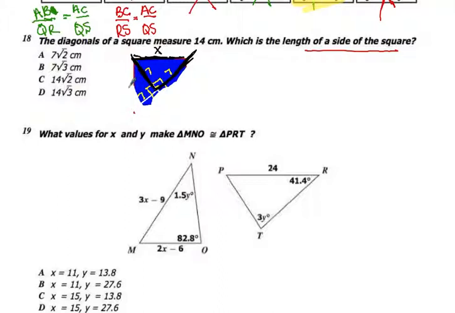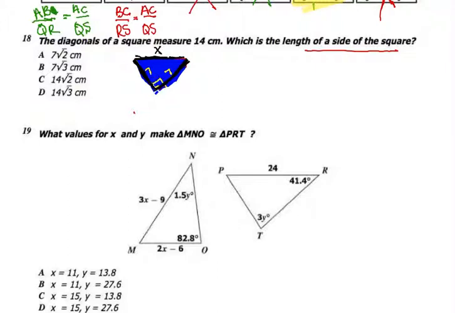Liquid paper. I love this stuff. Absolutely love it. All right, so what we could do now is, since we have two sides of a right triangle, made that a little bold for you.